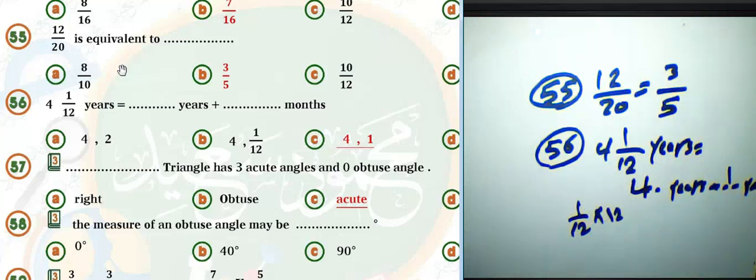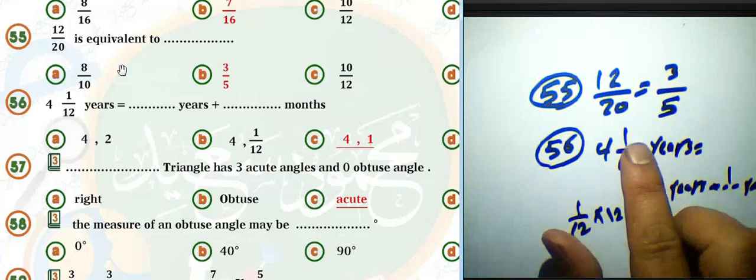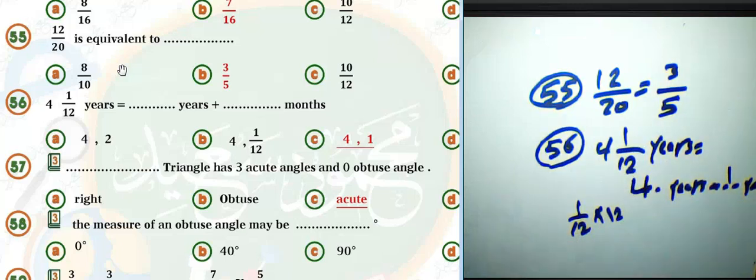So the result will be 4 years and 1 year, because 1 over 12 means 1 year. Okay, convert from years to months, multiplication by 12, because 1 year equals 12 months. So the result will be letter C.